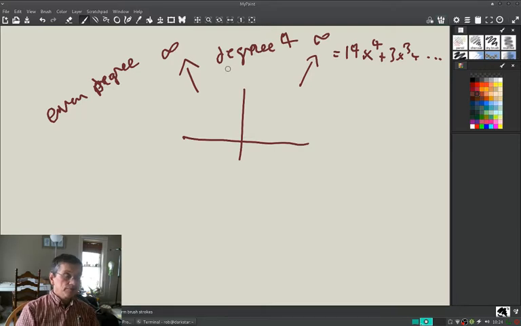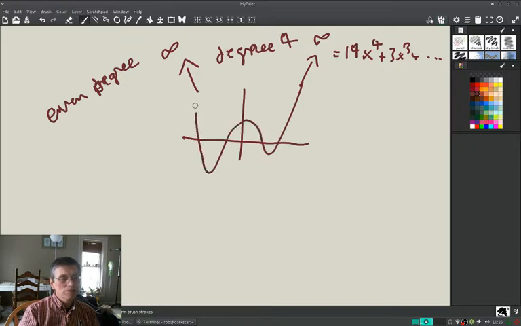And how many turning points might it have? Well, it certainly is going to have one turning point if it's going to do that. But it can have at most 3 turning points. It doesn't have to be symmetric. It can look like that. That's the most turning points it has. This has a turning point here, here, and here.